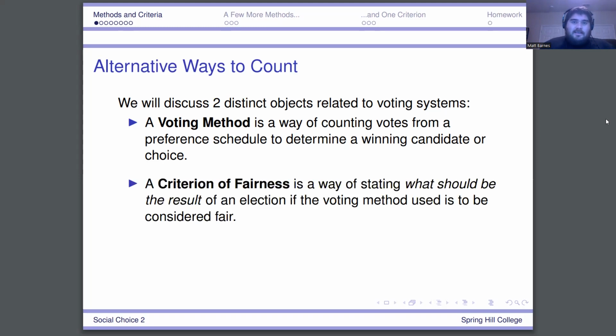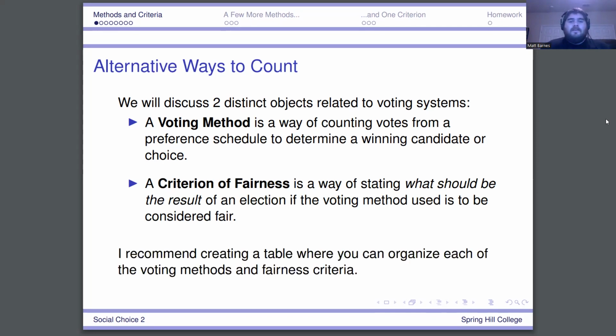The second thing is what we call a criterion of fairness. This is a general rule of thumb for if we have a voting method, what should be the result if it's fair, or what are some guidelines that tell us that something would be fair or not fair.